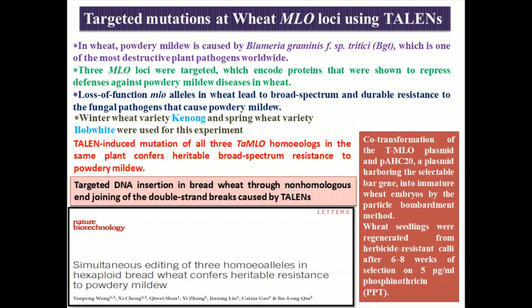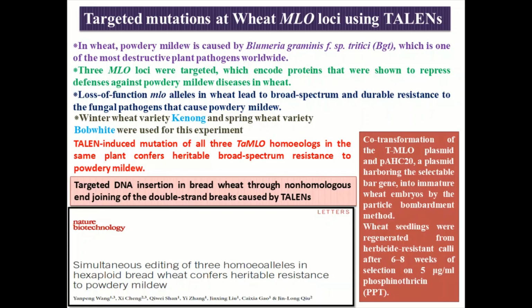Friends, this is a successful example of genome editing in wheat using TALENs. This work was conducted by Wang et al. and published in Nature Biotechnology in 2014. In wheat, powdery mildew disease is caused by the Blumeria graminis f. sp. tritici (Bgt) fungus, and this is one of the most destructive plant pathogens worldwide.